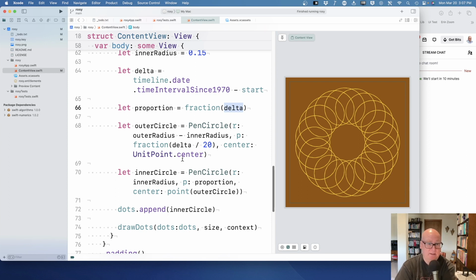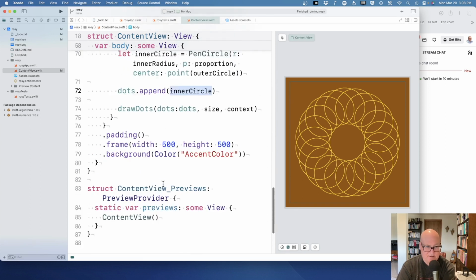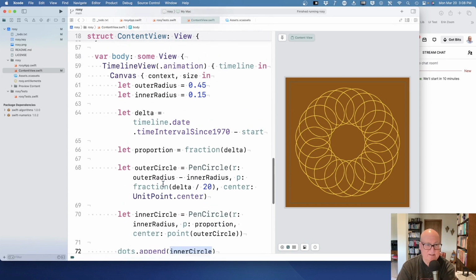And we have to calculate the center first, then the outer circle, because that's our center for this one. Okay, so I guess the question is, how do you find an inner circle? I don't think that's the right thing to append.